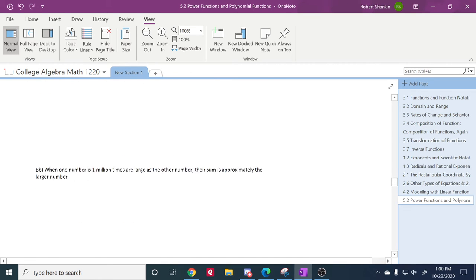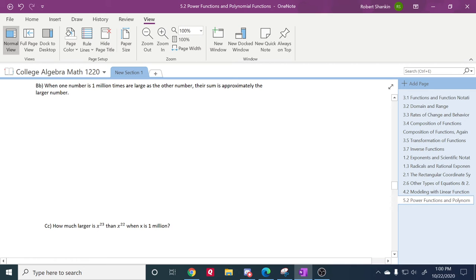All right. So, how much larger is x to the 23rd than x to the 22nd when x is 1 million?